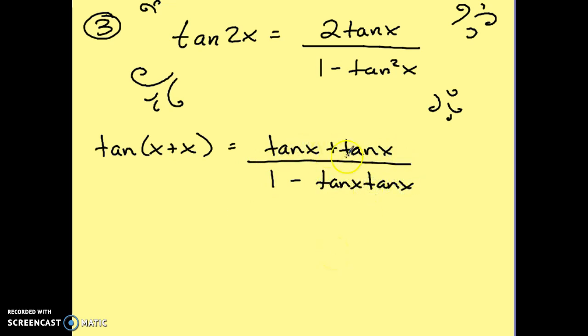So when you combine like terms, you get 2 tangent x on the top, and in the denominator, you get 1 minus tangent squared x. You can really see how quickly these can be done. So if you know your 7.2 stuff really well, then you don't need to memorize these, but it's up to you.